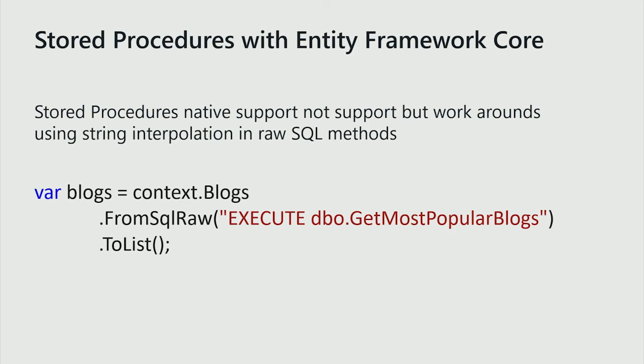So I could say execute dbo.delete blog, and then have another line that said .where, and then set the blog ID equals to whatever blog I'm deleting. So you can do that. If you want to see an example, I can show you. I just didn't put it into my slide deck, but I'll remember that's good to know.